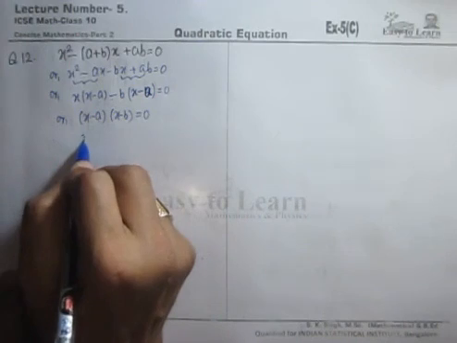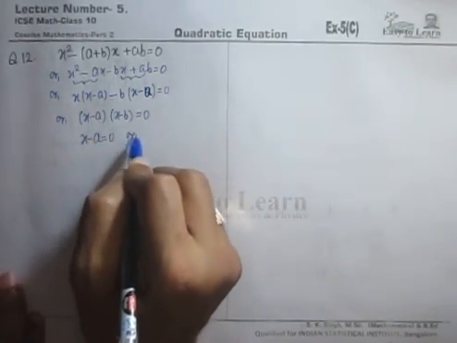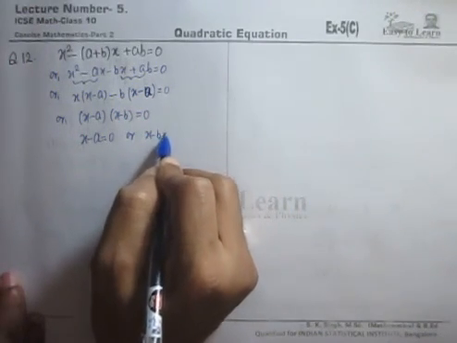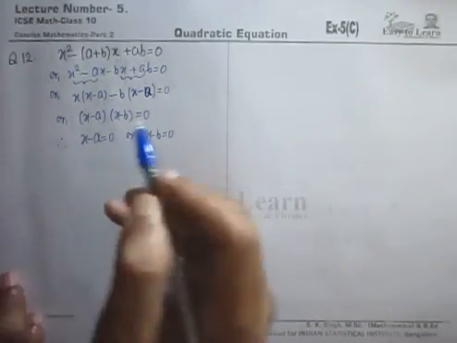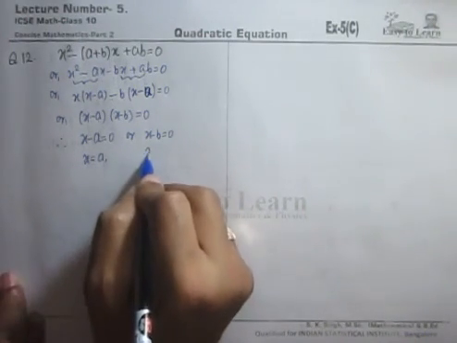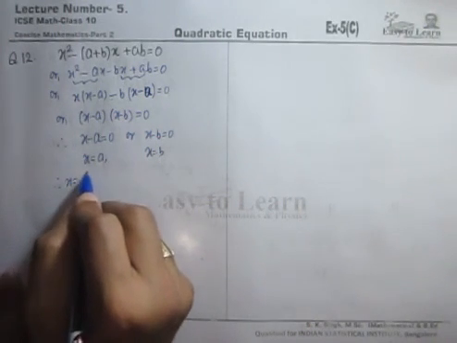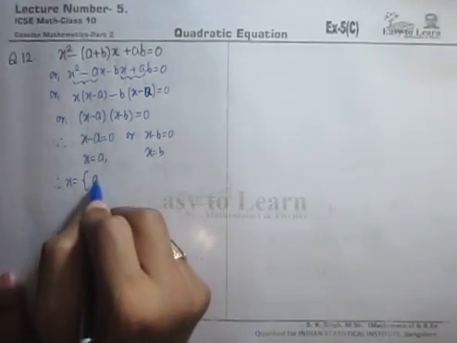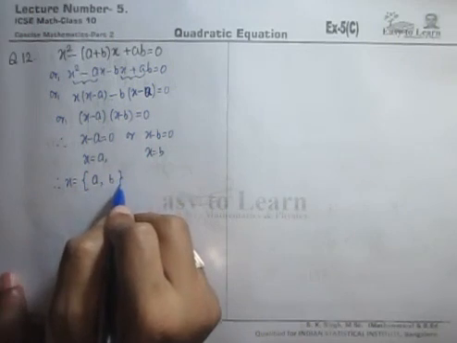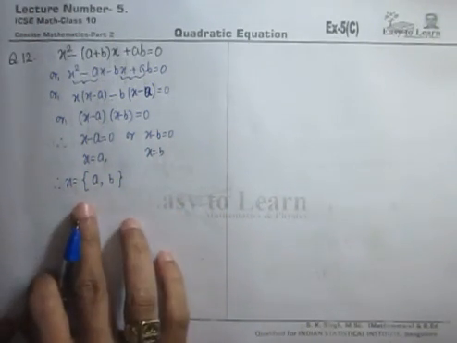According to the zero product rule, x minus a equal to 0 or x minus b equal to 0. From here you will get x equal to a, and from here x equal to b. Therefore the roots are, in curly brackets, one root is a and the other root is b. Here you have to use curly brackets, because to write a set, the brackets should be curly.